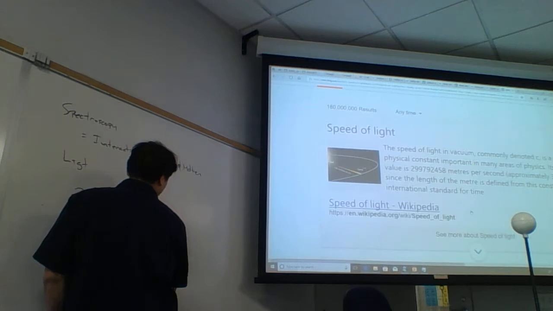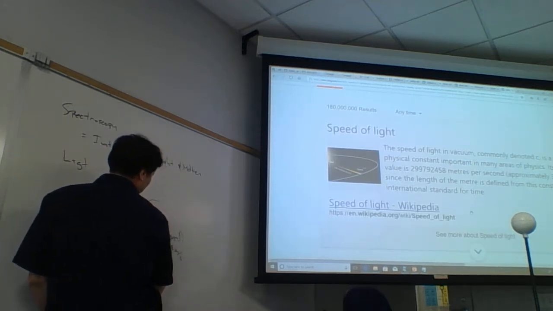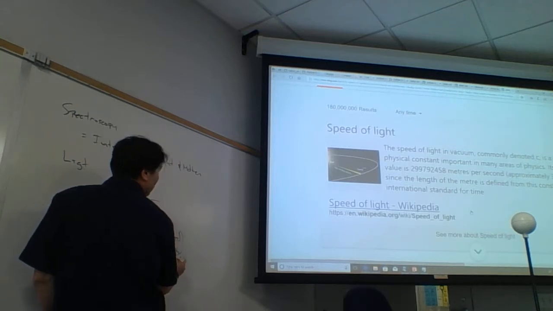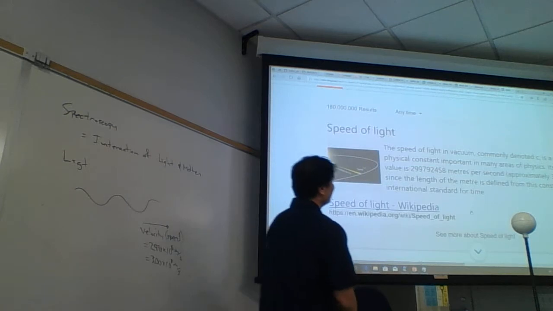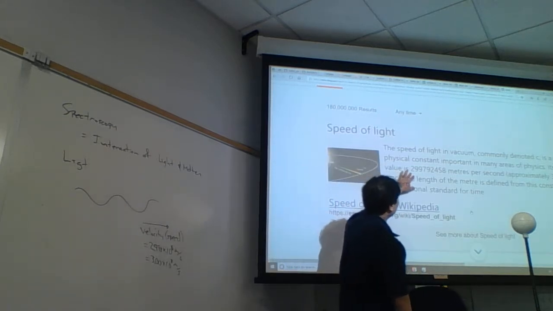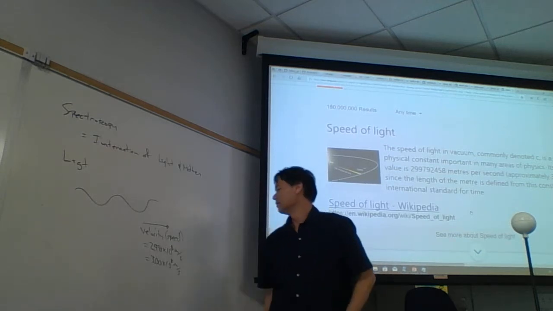So 2.998 is 4 sig figs, but we're probably okay at 3 sig figs: 3.00 times 10 to the 8 meters per second. The speed of light. That's not exact, that's approximate. So that's moving very fast.